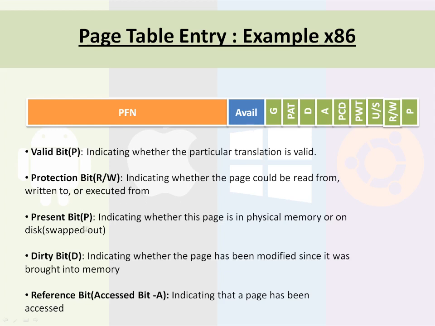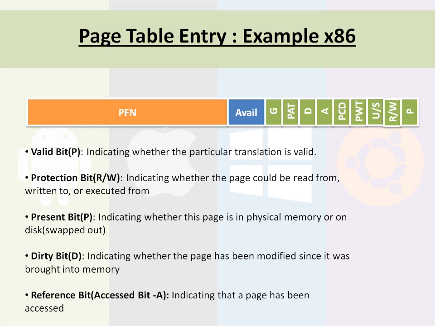We also have a present bit, indicating whether this page is in physical memory or if it's in storage, like on disk, if it's been swapped out. We have a dirty bit, indicating whether the page has been modified since it was brought into memory. And a reference bit indicating that a page has been accessed.